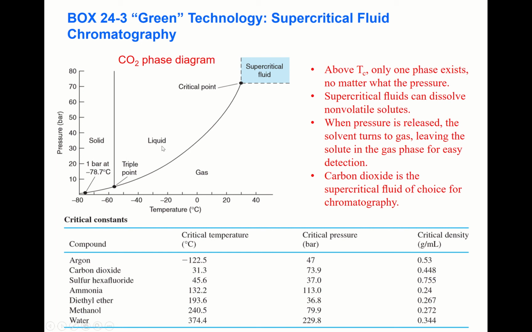The phase diagram is plotted on the plane of pressure and temperature. Usually the x-axis is temperature and the y-axis is pressure. Depending on temperature and pressure, the material exists as a solid, liquid, or gas.